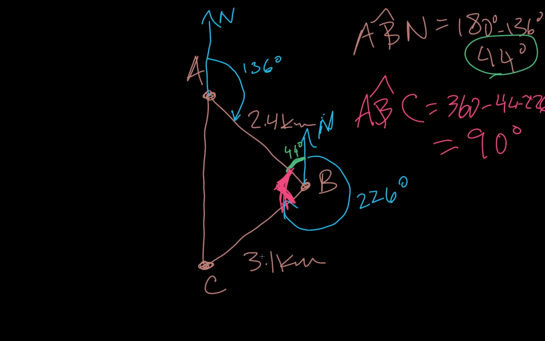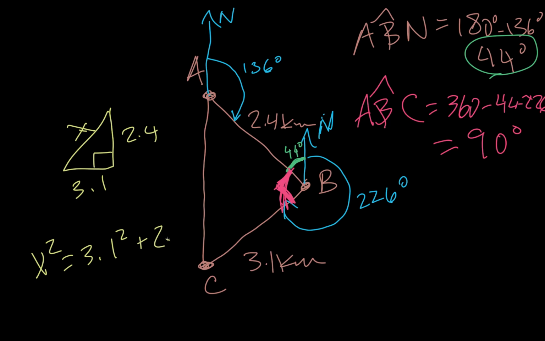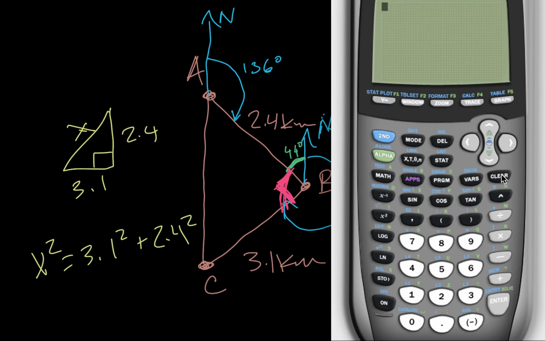Okay, now we want to know the distance from A to C, and so the way that we do that is we just use the Pythagorean Theorem. We have a right triangle, so I can even just simplify that. So we have a right triangle that looks like this, and we want to know this side. So it's x squared equals 3.1 squared plus 2.4 squared. Bring up our calculator. Do that side, 2.4 squared.